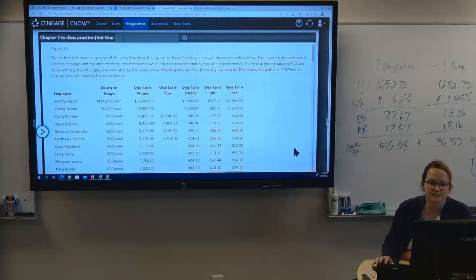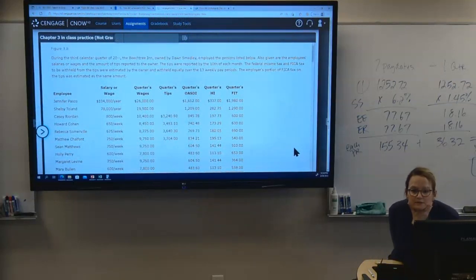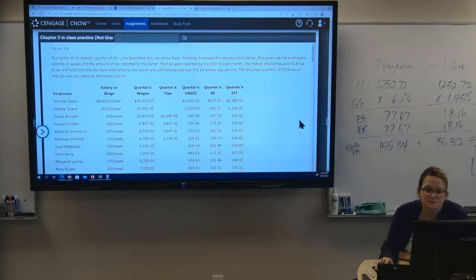All right, so Beech Tree Inn, owned by Dawn, employed the persons listed below. Also given are the employees' salaries or wages and the amount of tips reported to the owner. Tips were reported by the 10th. Okay, good. Federal income tax and FICA tax to be withheld from the tips were estimated by the owner and withheld equally over the 13 weekly pay periods.